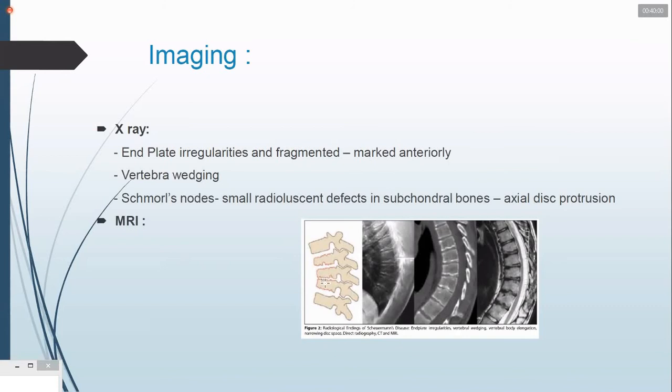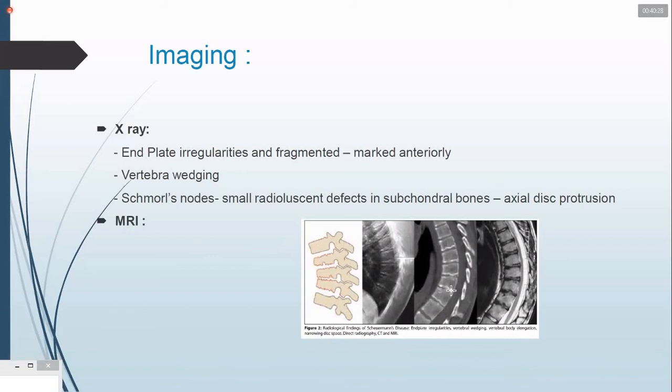Irregularity of the vertebral end plates. There is wedging of the vertebra. The vertebral height is less anteriorly than posteriorly. And the same is seen in this X-ray also. And we call it Schmorl's node. Schmorl's node is nothing but an axial disc protrusion. Usually the discs protrude inside the central canal, but sometimes, due to axial pressure, they might protrude through the superior end plate and inferior end plate also.